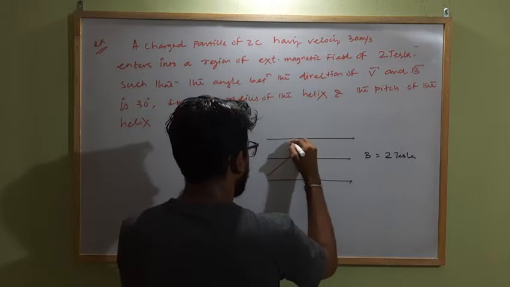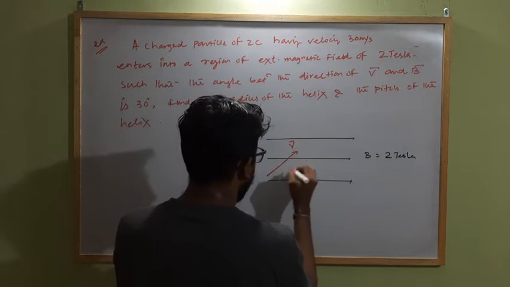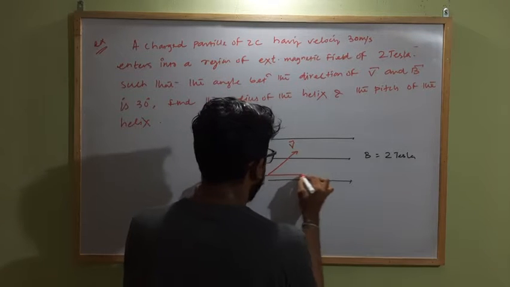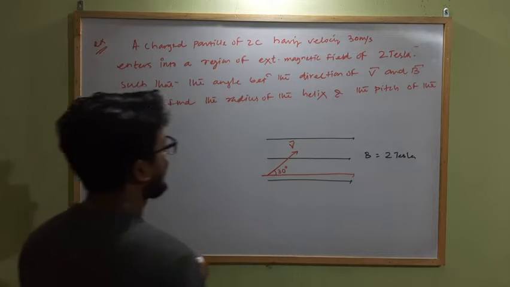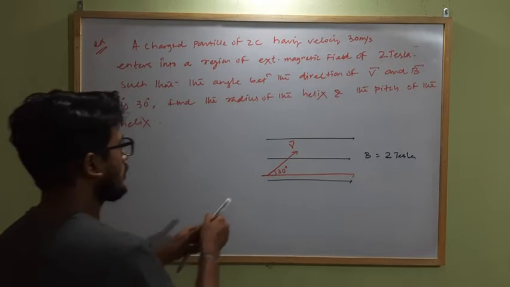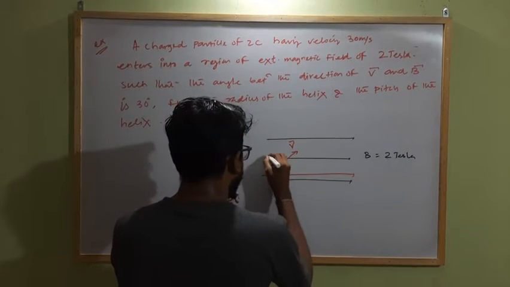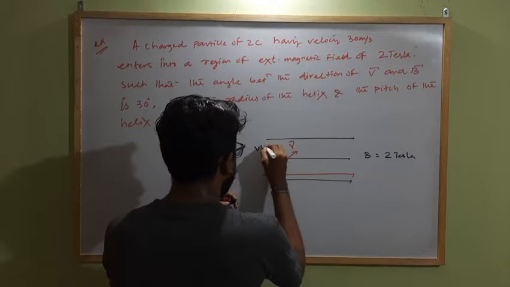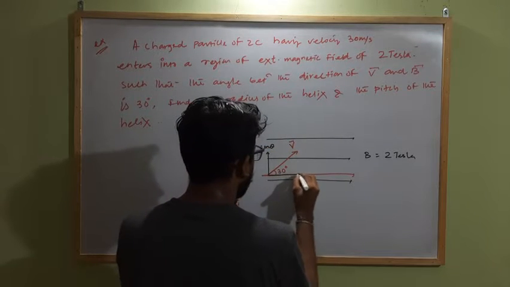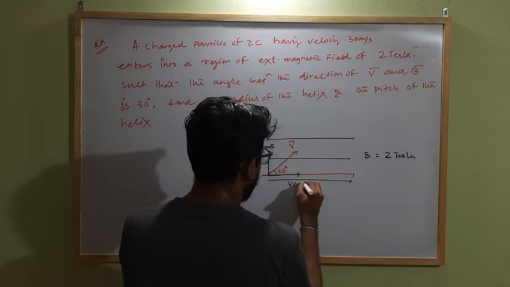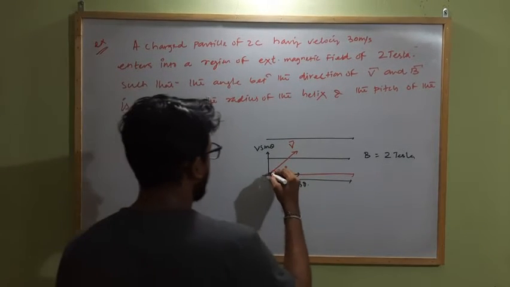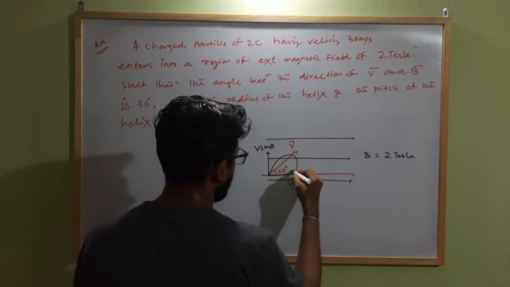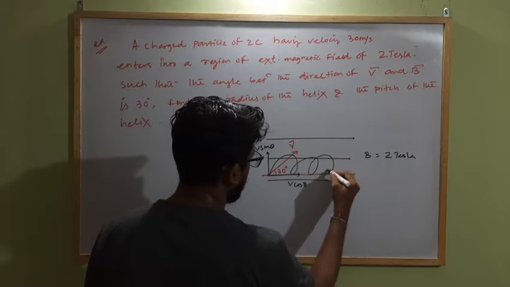This is the velocity vector and this is the angle that it makes along the direction of the field, 30 degree. So now what will be the direction? It has two components. This will be V sin theta and along this direction it will be V cos theta. So here, the path will be like this, helical.